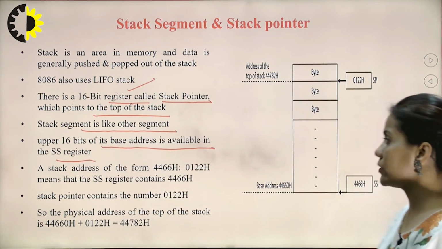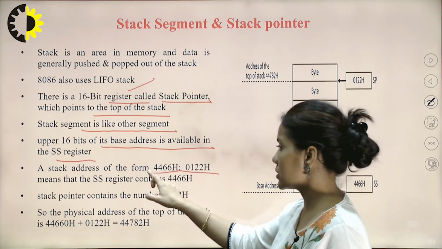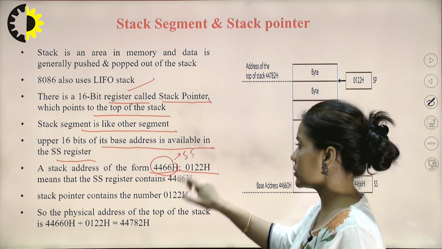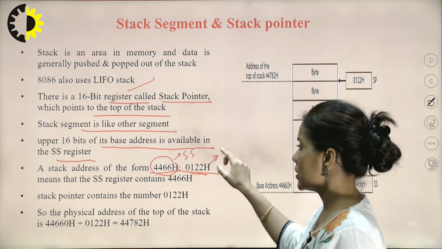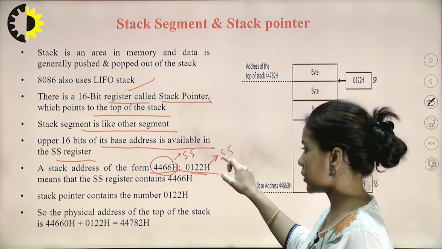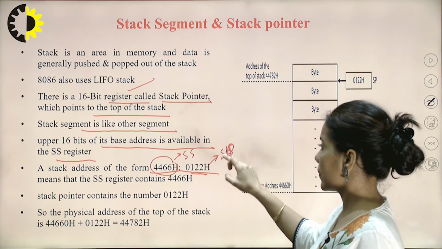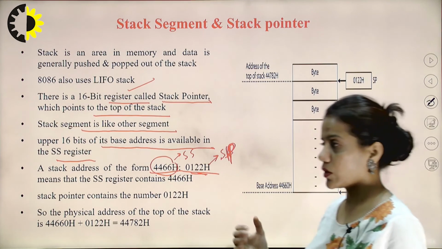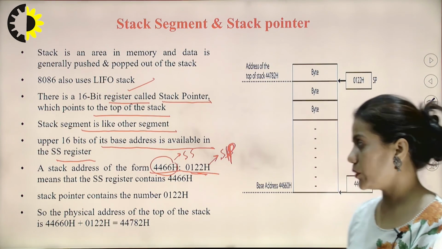So the stack address is of the form, suppose this is the address. Here these are the contents of the stack segment register, and these are the contents of the stack pointer. The stack pointer and stack segment register combine and form the 20-bit physical address.